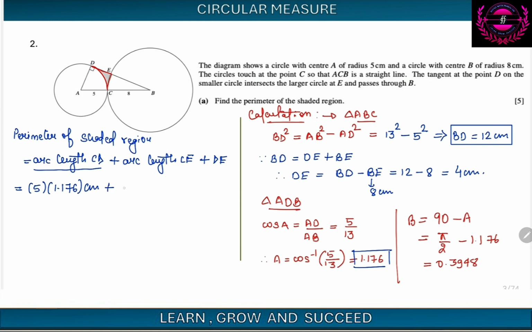CE is clearly r theta, where r is 8 centimeters, and theta in radians is angle B, which is 0.3948, plus length of TE, which is 4 centimeters, which will give us total value as 13 centimeters, and that is our final answer.